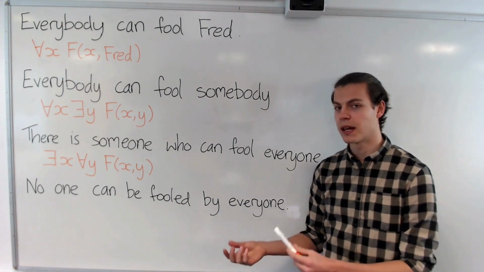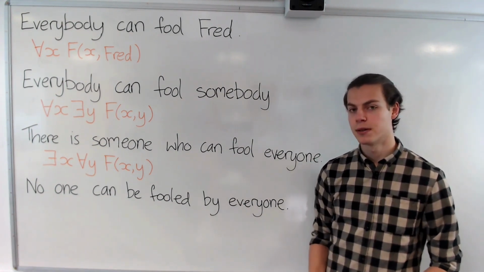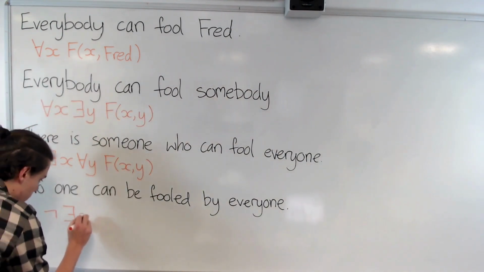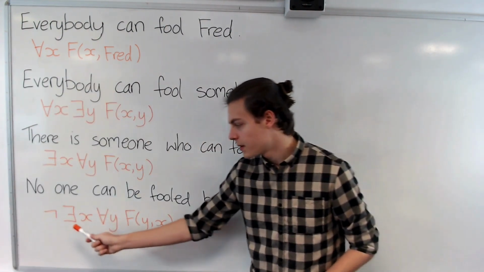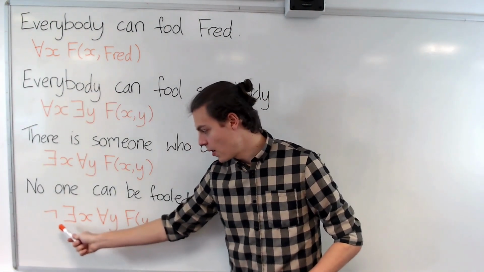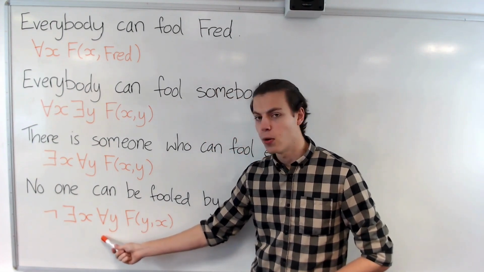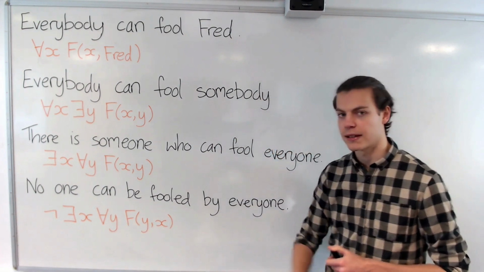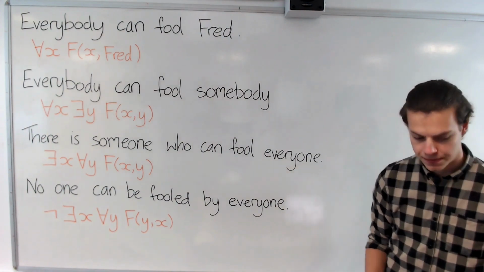So it is not the case that there is some person who can be fooled by everyone. Let's write this. So look again, it is not the case that there is some person x such that for all people y, y can fool x. Okay, let's move on.